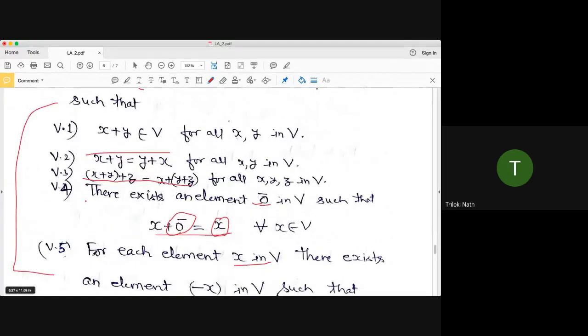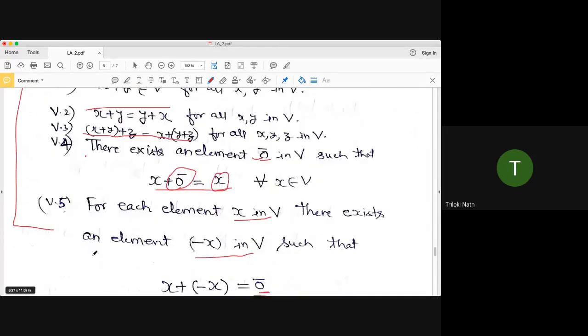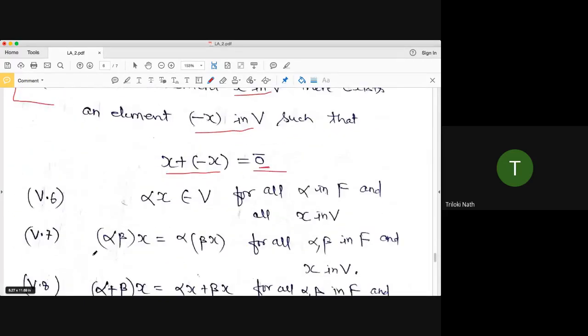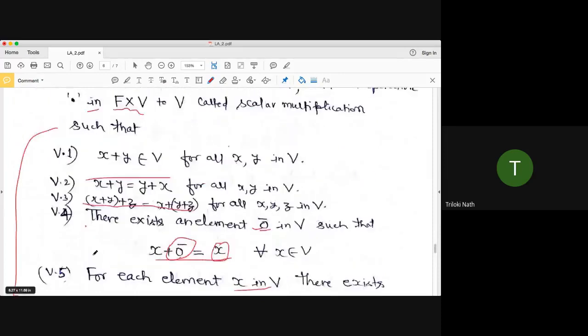All these 5 properties are satisfied, that means V is a group with respect to addition, an abelian group. And because this plus associates to the elements x and y of V another element of V, this plus is an internal operation. This is called internal composition or internal operation.